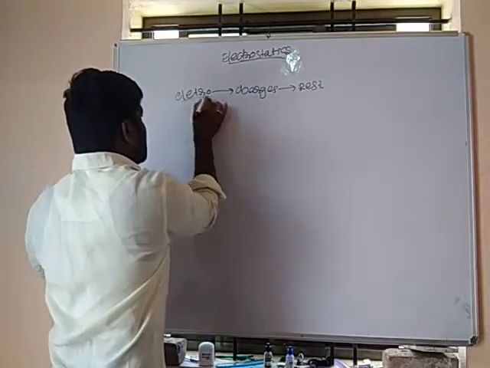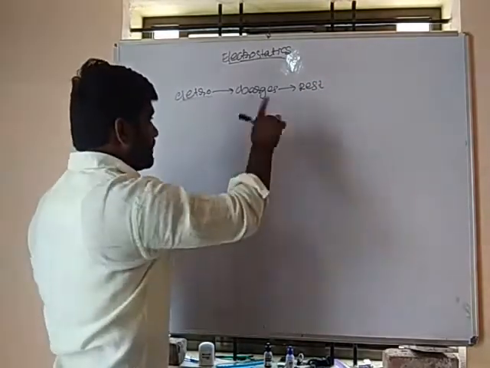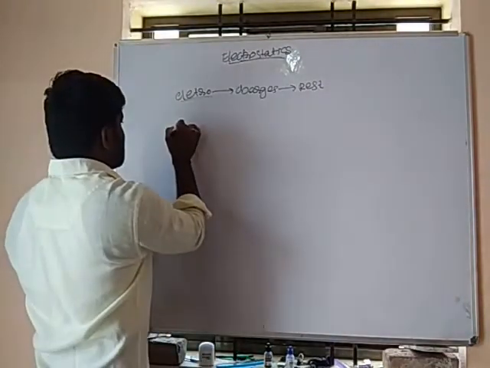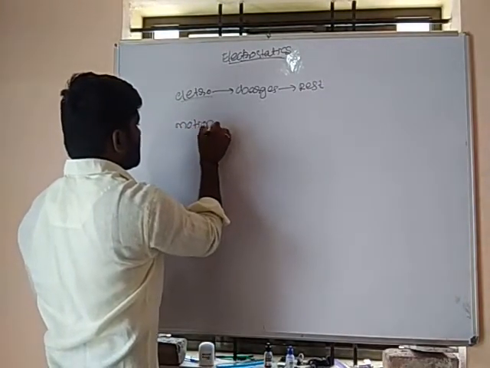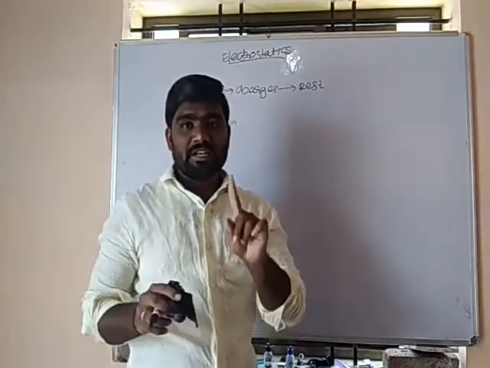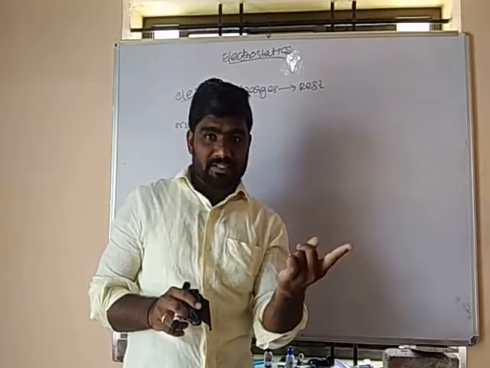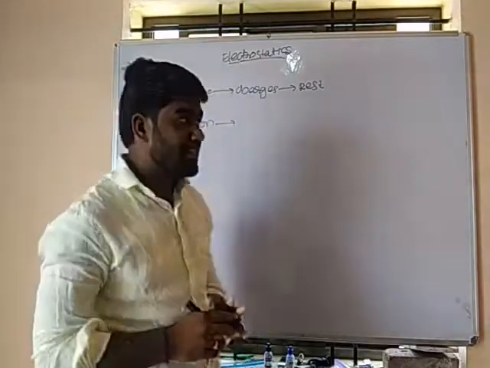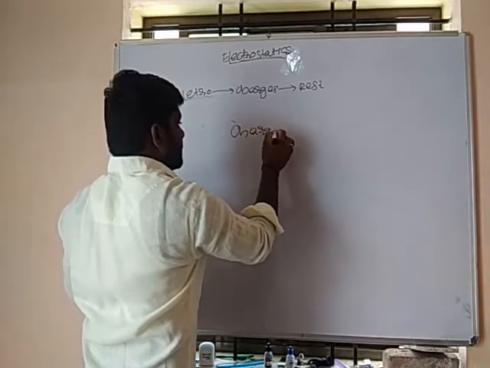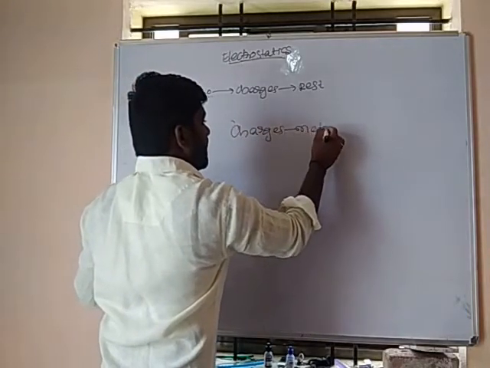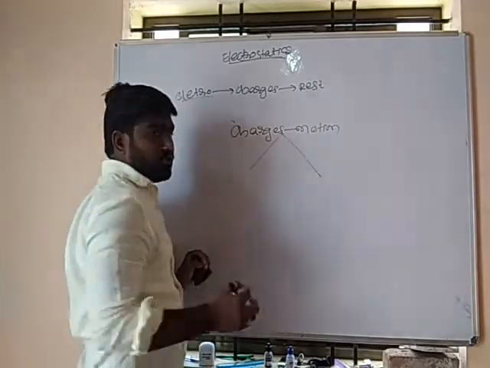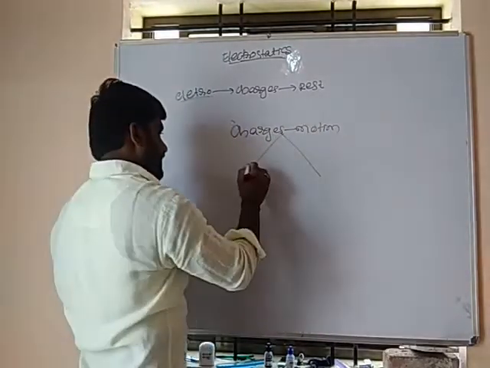But if the charges are in motion, there are two types of motion: either constant velocity or variable velocity.